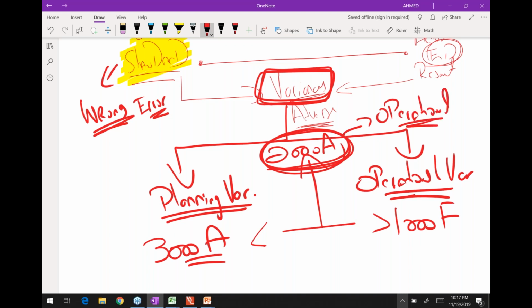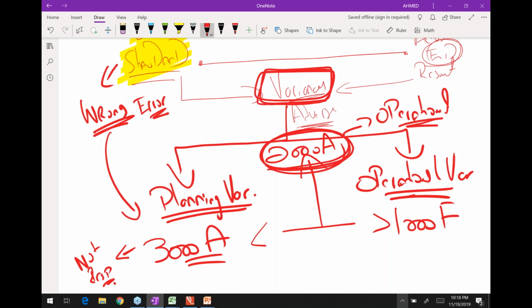But after investigation, we found out that the standard was wrong. And because of that, we split this actual variance that we have already worked out into two parts. And once we split that, we found out 3000 is adverse, which is because of the planning error. And for this, the operational team is not responsible.